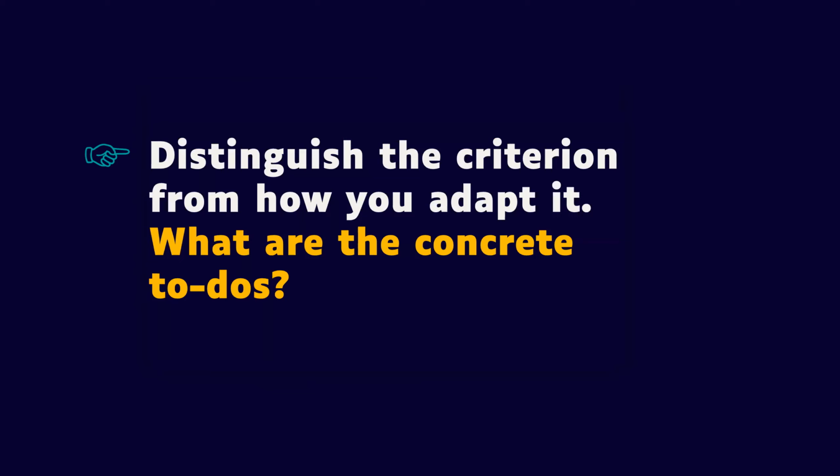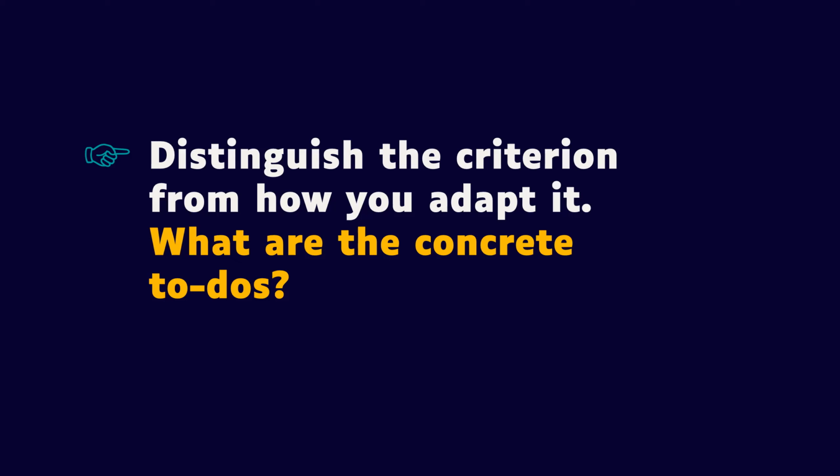Another thing worth noting is that it's important to distinguish between the criterion itself and the way you adapt it. One question we can ask ourselves is, what are the concrete to-dos? When we create those checklists, we tend to focus on enforcing the criterion. But from my experience, I think those requirements should maybe focus more on what are the practices we want to establish that would respect those criteria instead.